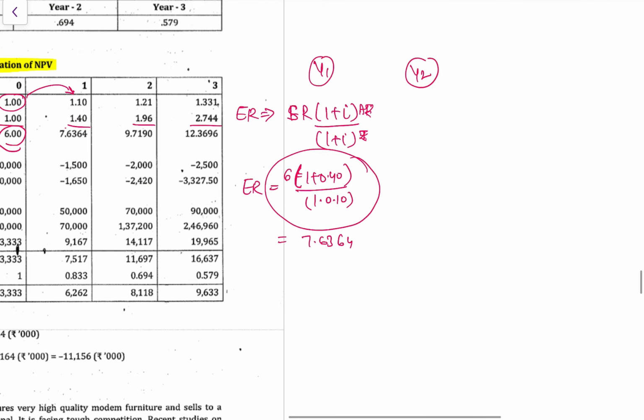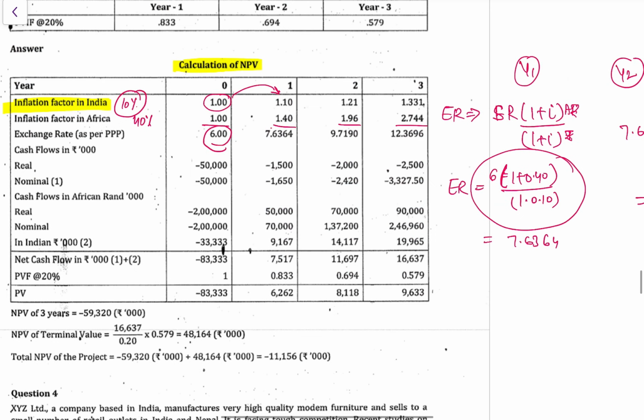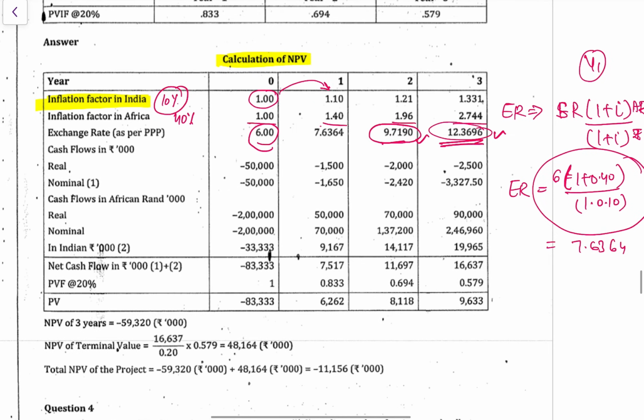For year 2 it will be 7.6364 into (1 plus 0.4) divided by (1 plus 0.10). So I get 9.7190, and I will take this as my spot rate and calculate the answer for the third year.